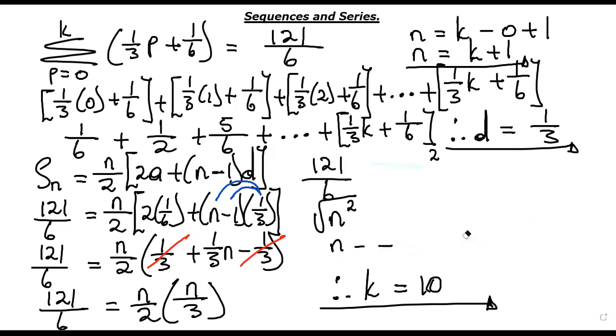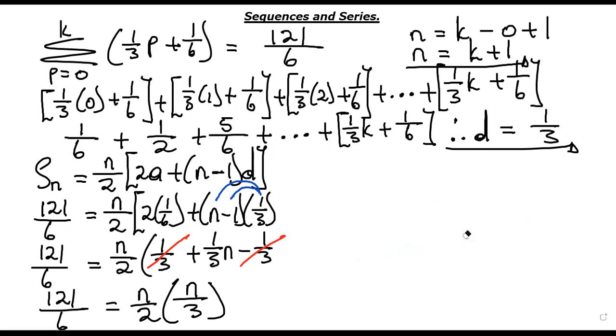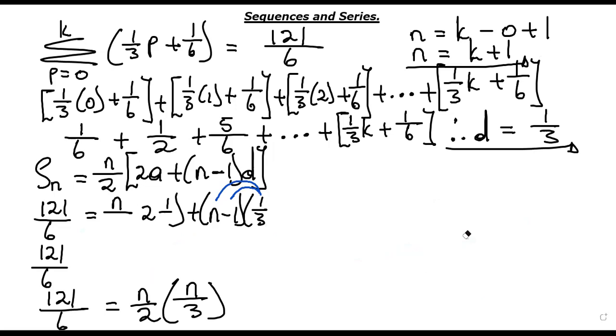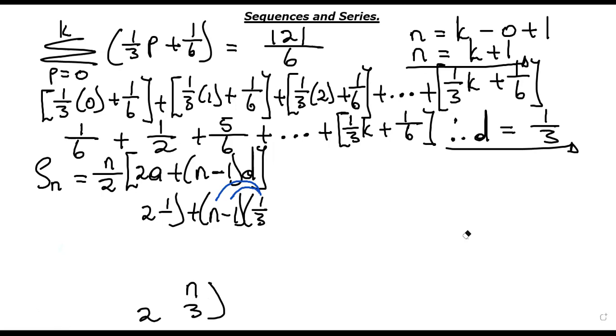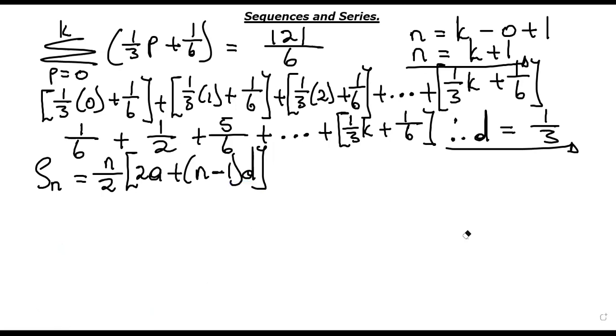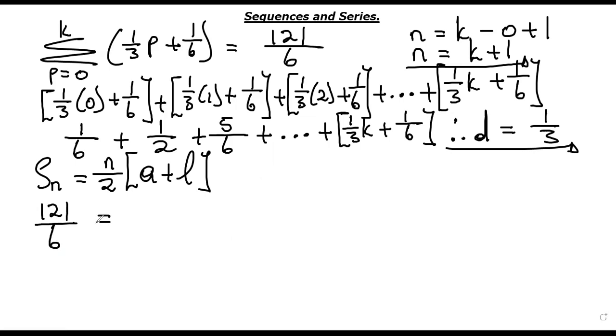So you could have done it using the formula that I like, or you could have used the second formula because you actually have the last term. What is your last term? It's 1 over 3k plus 1 over 6. So let's use the second formula. So you say A plus L, like that. Well, the sum is still the same. It's 121 over 6.